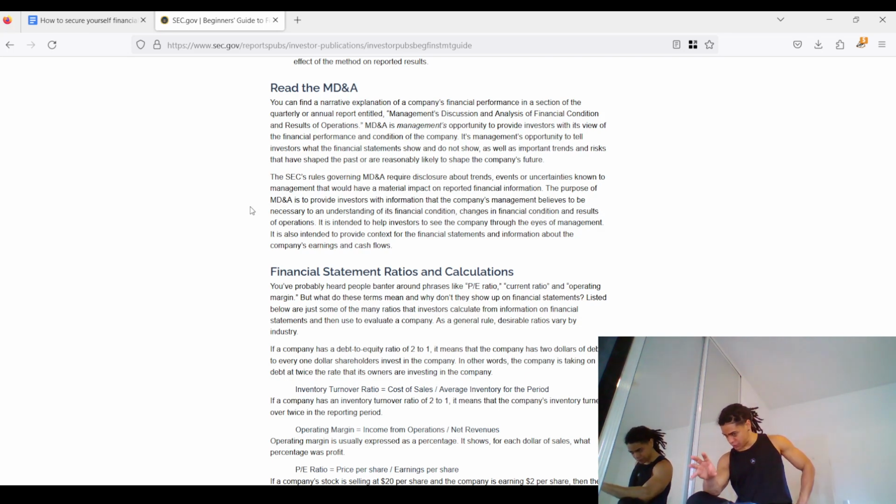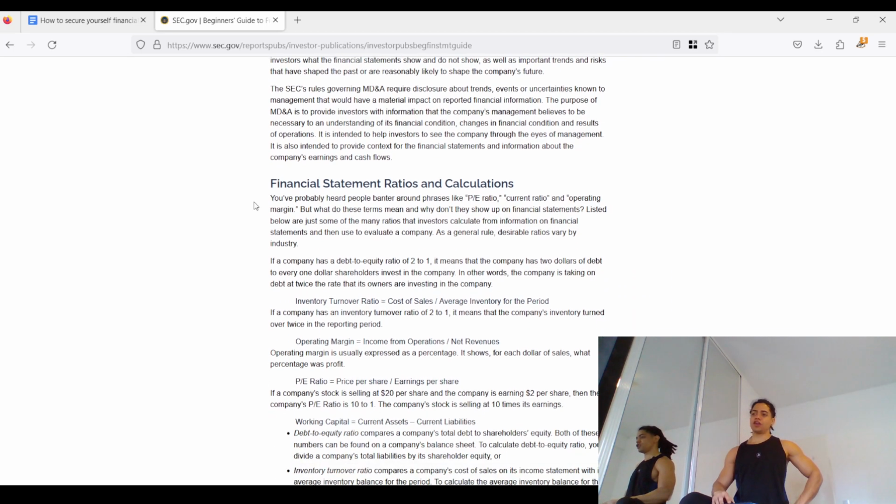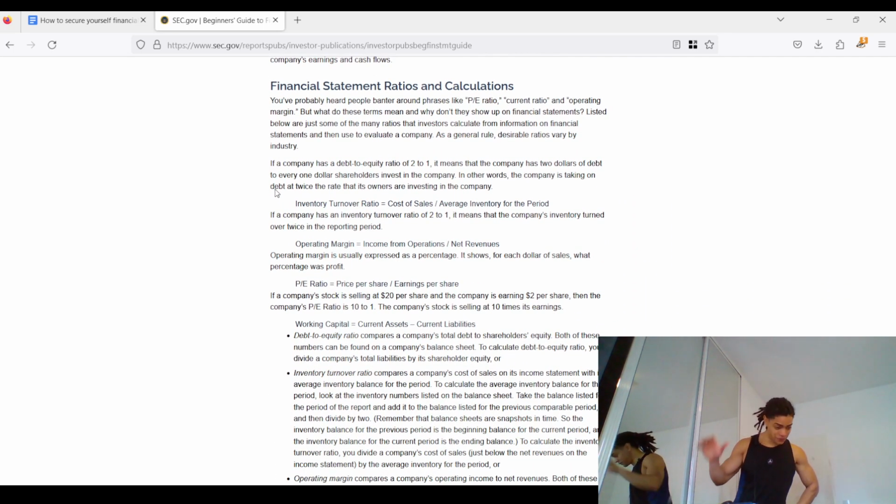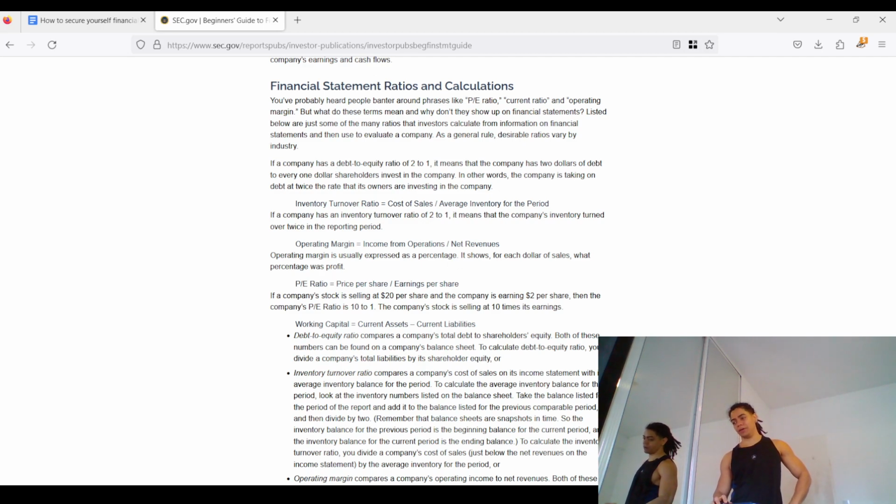This is helpful to provide more context about the financial condition, the financial health of a company.